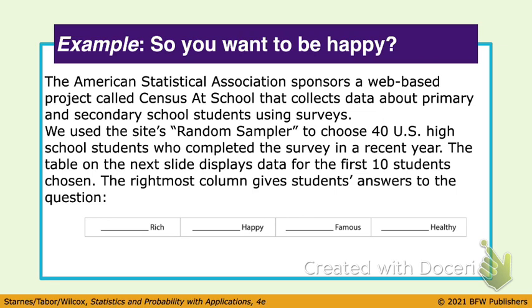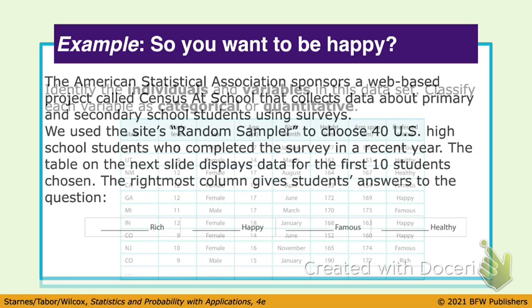The table on the next slide and on your paper displays the data for the first 10 students chosen. The very far right column is basically the students had to answer this question. They had to answer, what do you most want to be in life? Rich, happy, famous, or healthy? So that's what that question was.